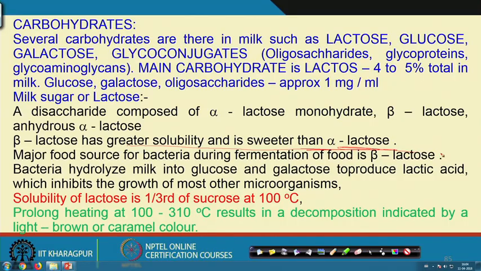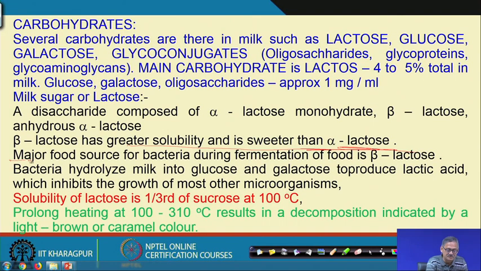This is the major food source for bacteria during fermentation of food, and beta lactose is the major source. Bacteria hydrolyze lactose into glucose and galactose to produce lactic acid, which inhibits the growth of most other microorganisms.